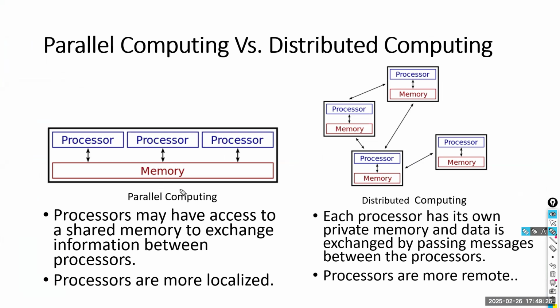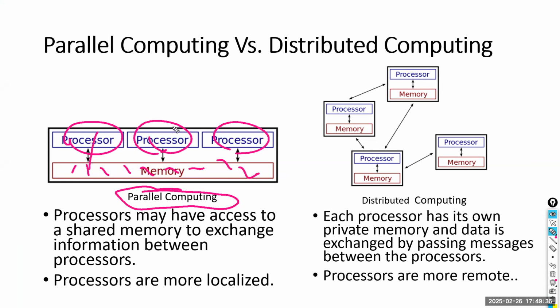Right. What is meant by parallel computing? Parallel computing means you have multiprocessors, same memory, RAM, but multiple processors running either multiple programs or different parts of the same program also. Okay. So that is called parallel computing.